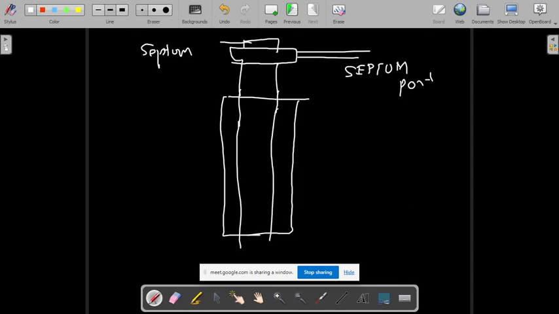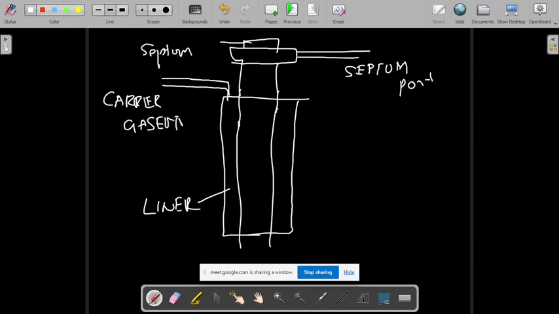Here we'll have the carrier gas entry. Your carrier gas enters, I'll just put an arrow.